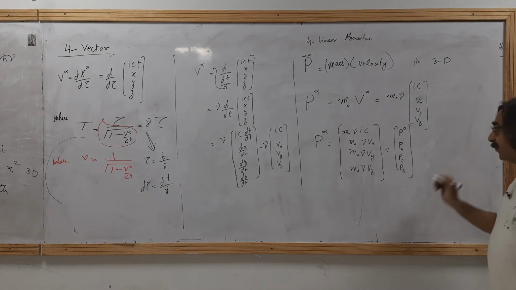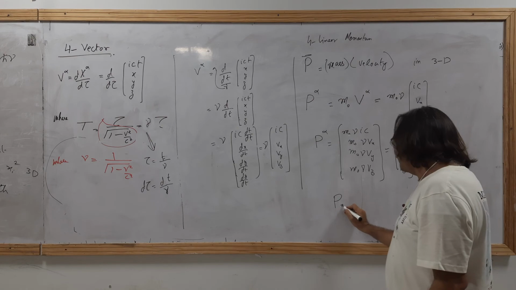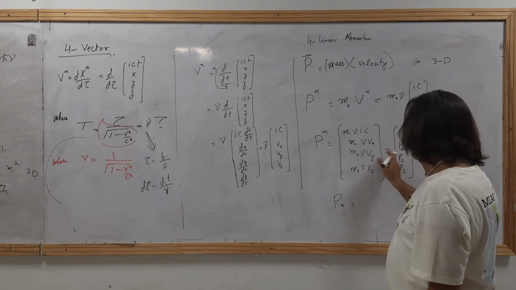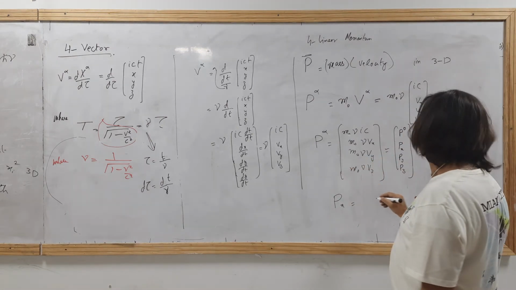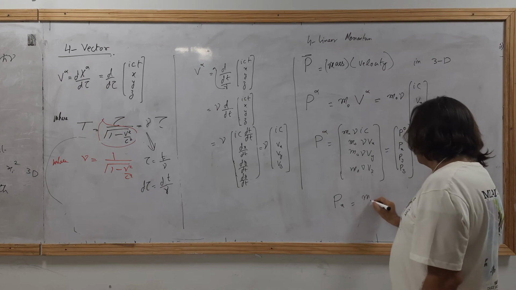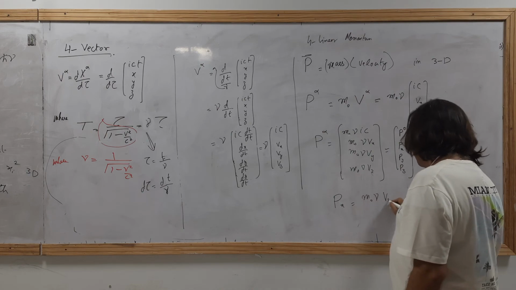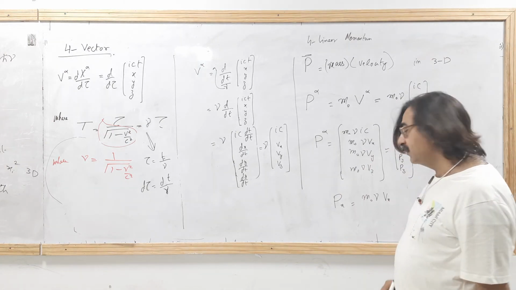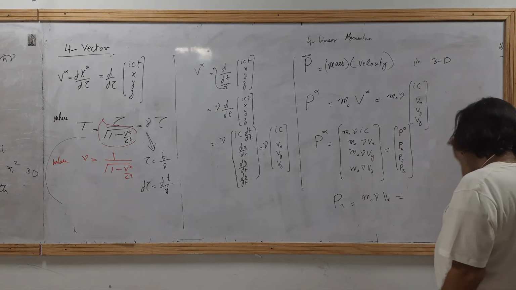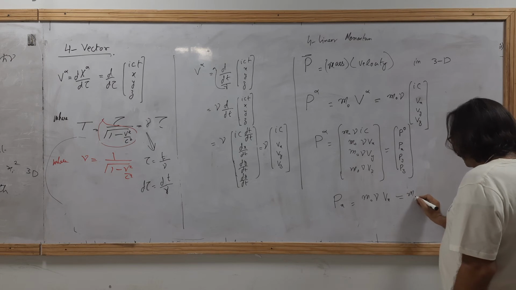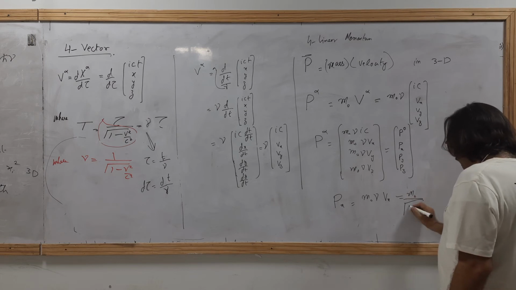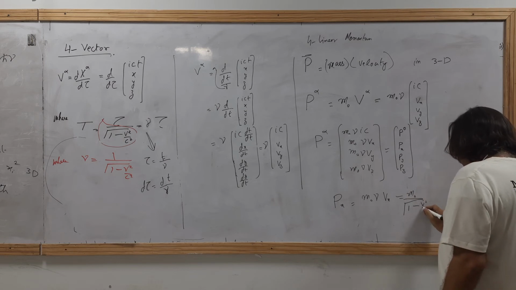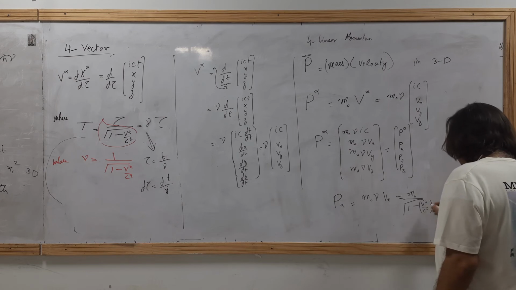Okay, so from here px is equal to, if we compare the coefficient, m naught gamma vx. But gamma is one over the square root of one minus v square over c square.